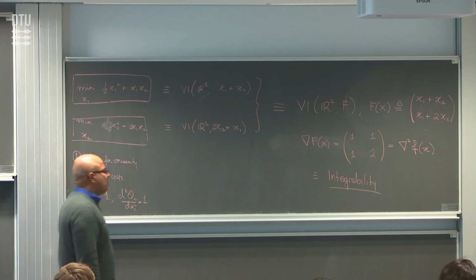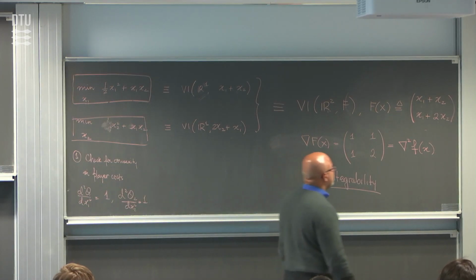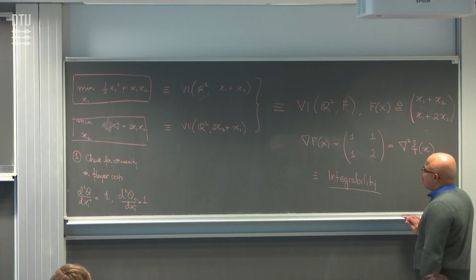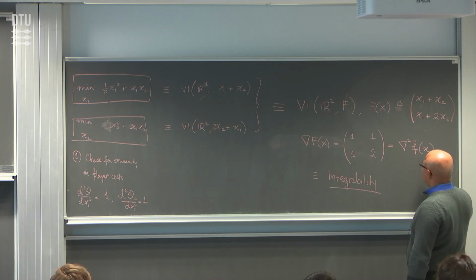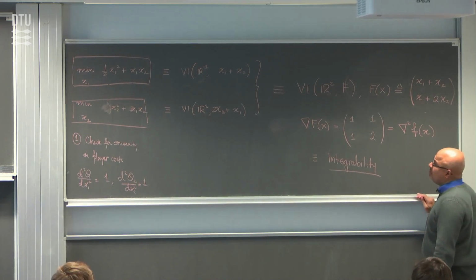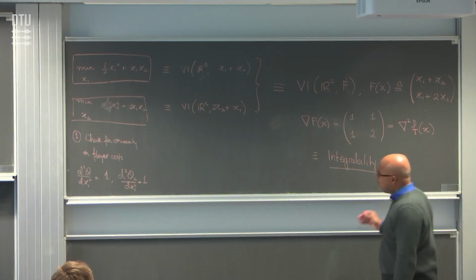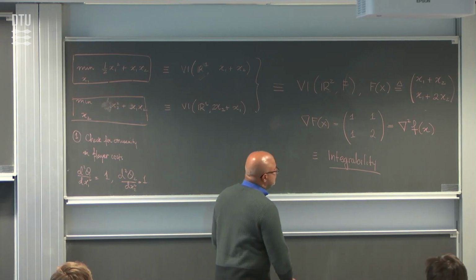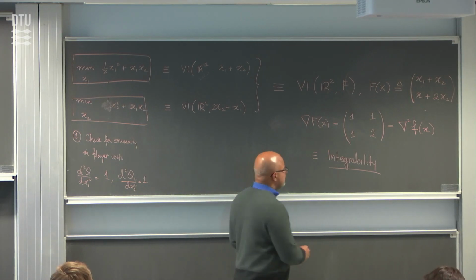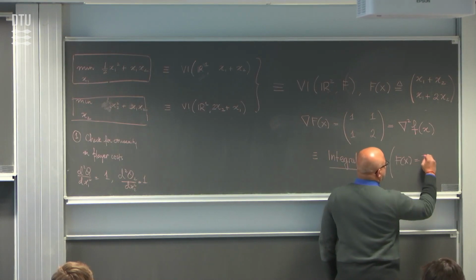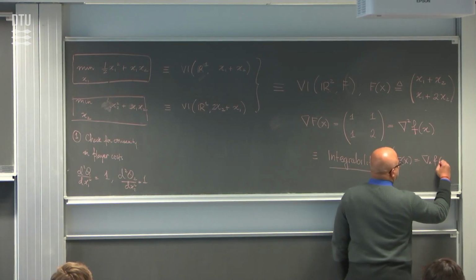Okay, so Jalal makes a good point. I want to distinguish the need for positive semi-definiteness. But the first thing you notice is, if this is the Hessian, what can you do with it? If you look at this problem, what you can say is that essentially F of x is equal to the gradient of f of x.